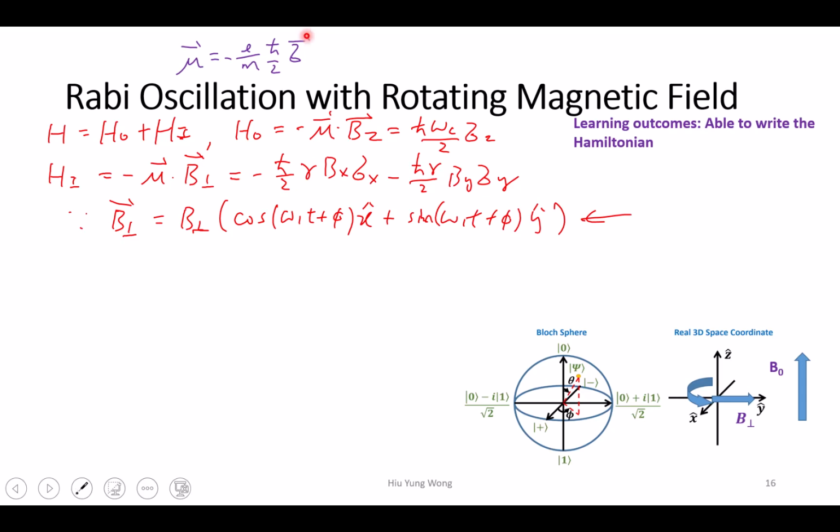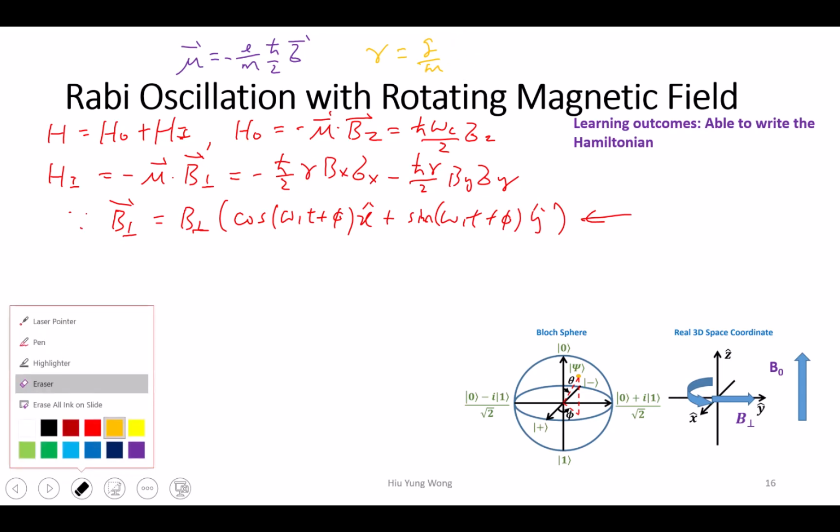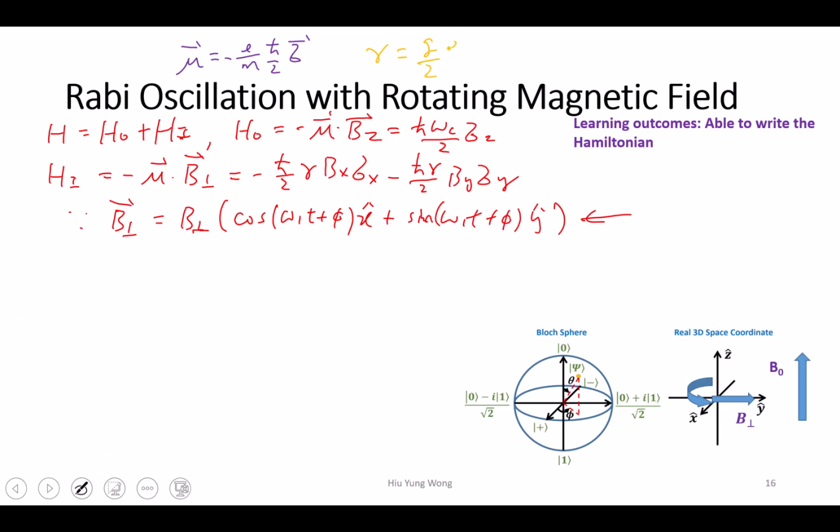Yeah? So here, I try to put back the gamma, because gamma is actually equal to g divided by 2 times e over m. No, that's wrong. g divided by 2 times e over m, right?